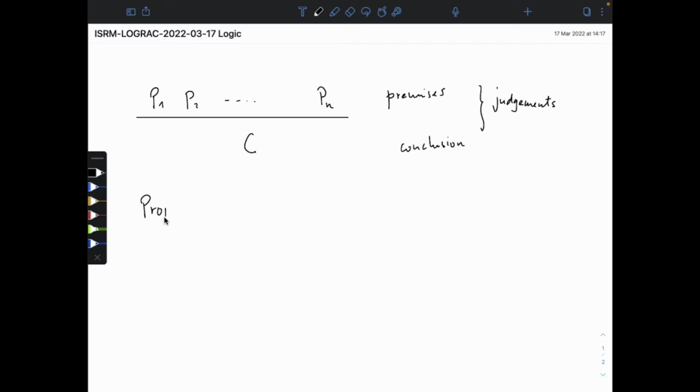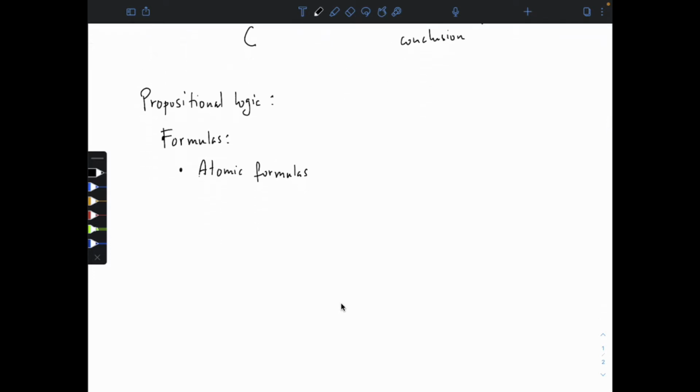So in the propositional calculus or propositional logic, what we have is, let's first describe what the formulas are. So first we have formulas. And we assume that there is a set of atomic formulas. So these are just some symbols that we maybe use for modeling our system, whatever it is.